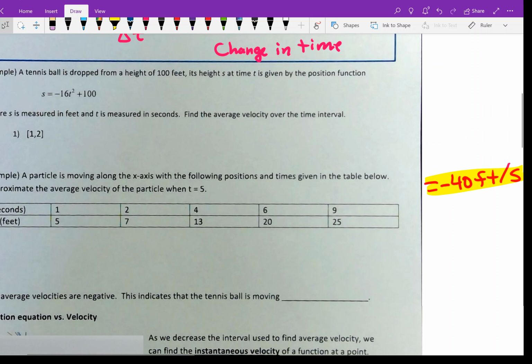For the first interval, we ended up with negative 48 feet per second. For the second interval, which I erased by mistake, which was 1 to 1.5, my average velocity was negative 40 feet per second.